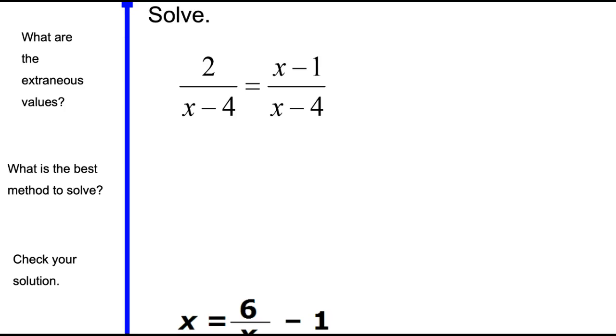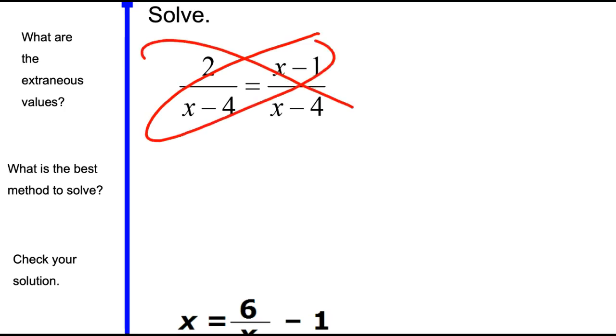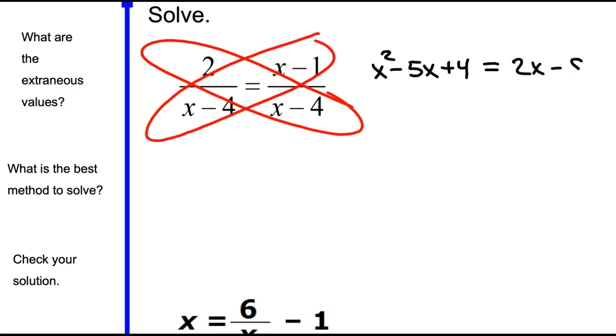For this problem, let's just pretend that you didn't see that they had common denominators already, and you're like, oh, I'm going to cross multiply. That's what I did. So look at that, cross multiply. You're going to get x squared minus 5x plus 4, if you FOIL that out, and that's going to equal 2 times x minus 4, which is 2x minus 8.